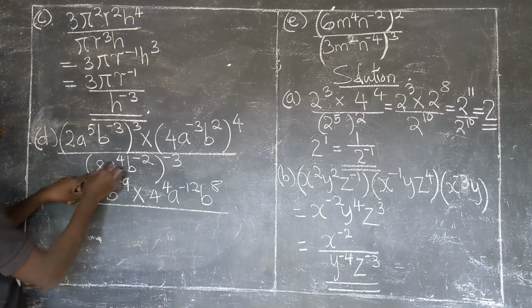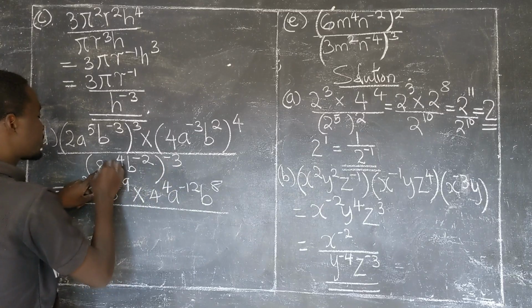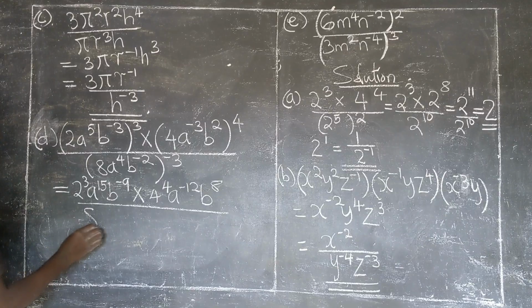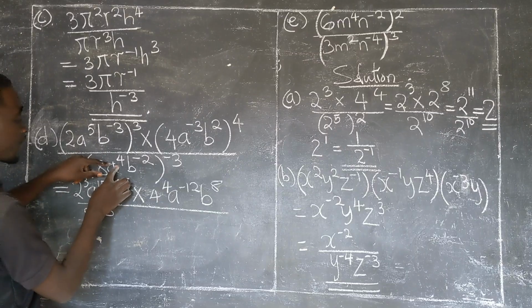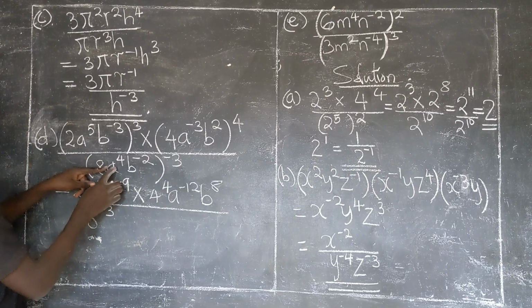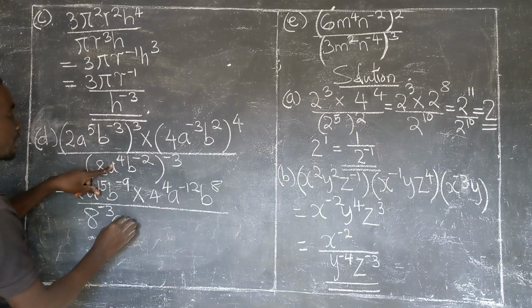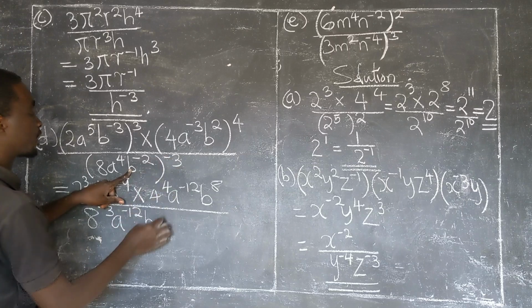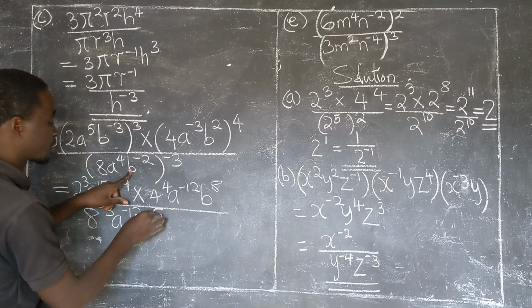Again, this 8 is raised to negative 3 as its exponent. 8 raised to negative 3 times A raised to 4 times negative 3, which is A raised to negative 12, times B raised to negative 2 times negative 3, which becomes B raised to positive 6.